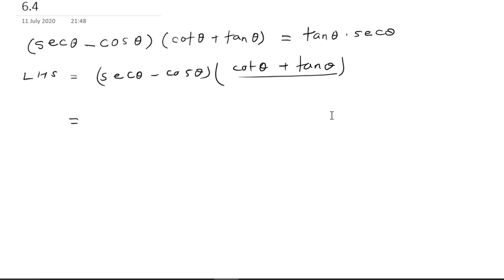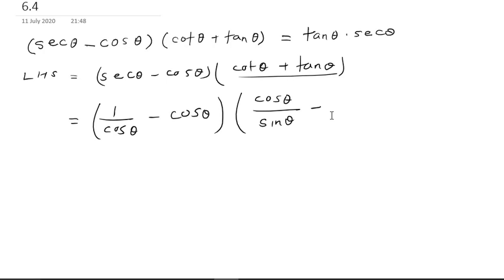Now this sec theta I can write as 1 upon cos theta, minus cos theta, then cot theta I will write as cos theta upon sin theta, plus tan theta I will write as sin theta upon cos theta.